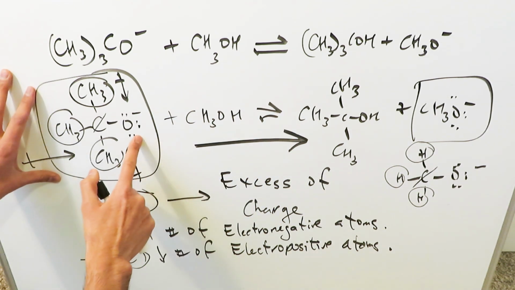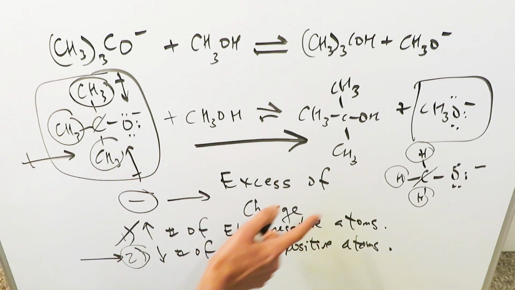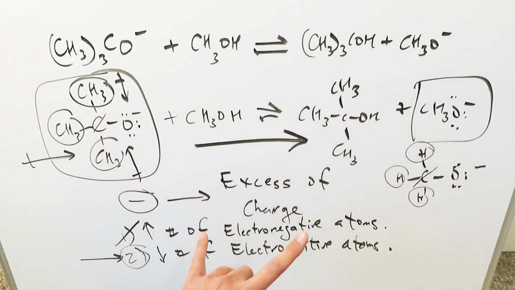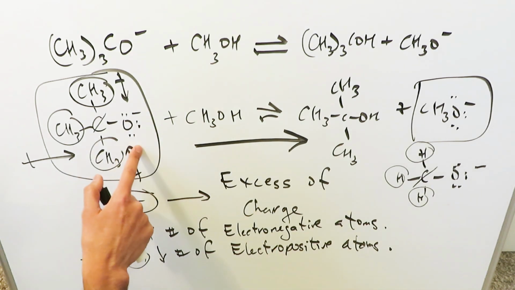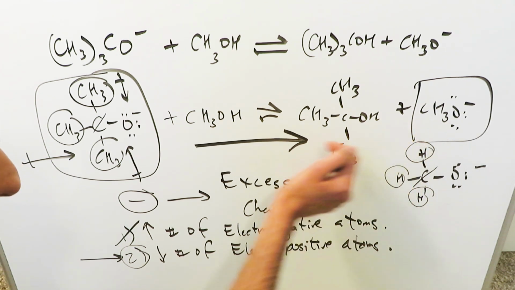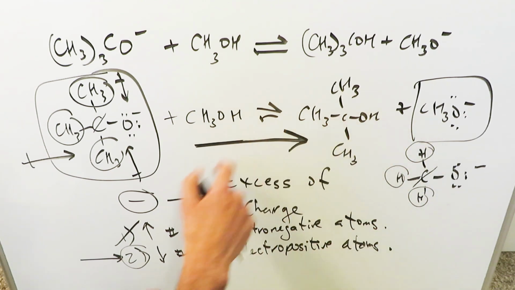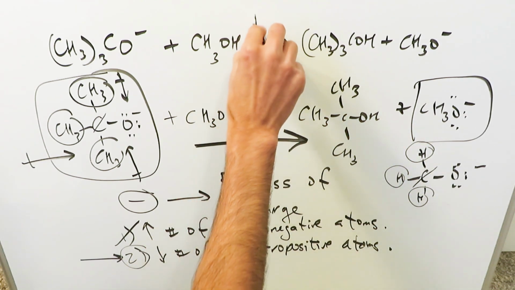I cannot get rid of this excess charge here on the oxygen because I have no electronegative atoms. Therefore, I must look at the two compounds, the anions, where that negative charge is not enhanced further. It's enhanced too much here. It's not enhanced as much here at all. Therefore, the equilibrium will lie in the direction of this methoxide anion, and it exists towards the right.